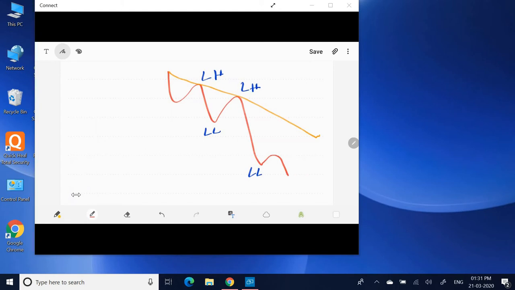When a price would move like this, this is when the trend line is broken. This is your first sign that the trend is changed. Your second sign is maybe breaking of this. This is your second sign. And when price rebounds like this, that's when you get your third and final confirmation that the trend is changed.